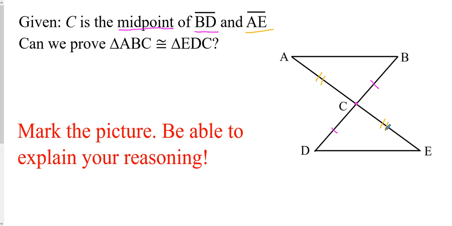Now I need to look, can I prove the third sides, or can I prove one of the angles congruent? And what I see here is that this angle would be congruent to this angle because of vertical angles. So now I have SAS in both triangles. So the answer is yes, and the reason for it would be SAS.